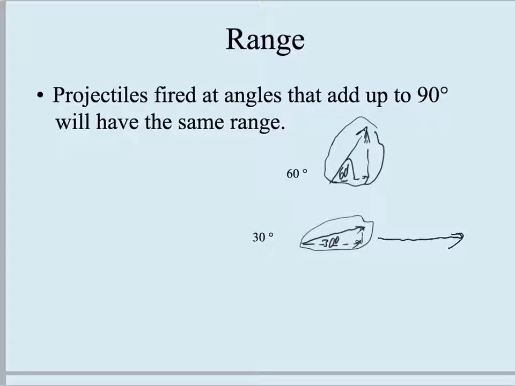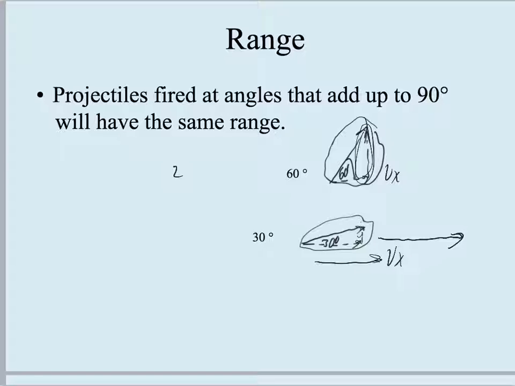Again, that's because the one with a higher angle, even though Vx is smaller, Vy is greater. So it's going to spend more time in the air as it's moving forward at a slower Vx. The 30 degrees, even though it's not going as high, along the horizontal, it's moving faster.